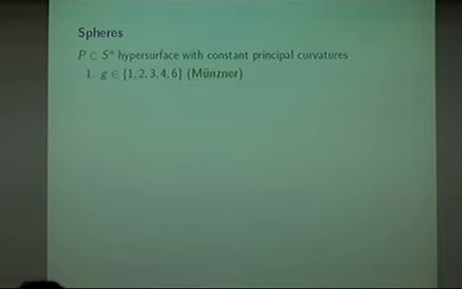This was proved by Münzner, and the methodology for proving this is actually algebraic topology. I'm not aware of any geometric proof of this fact. It comes from algebraic topology. Why is it not 5? It is related to sphere bundles over spheres and the topologies of these.